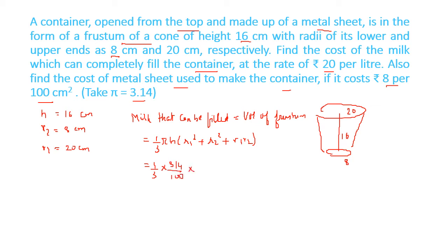H is given, the height is 16 centimeter, into R1 square. R1 is 20, so 400, plus R2 square. R2 is 8, so 64, plus R1 R2, so 20 into 8 is 160. So we have got 314 into 16 upon 3 into 100 into 624. Okay, so do the calculation to get the answer.